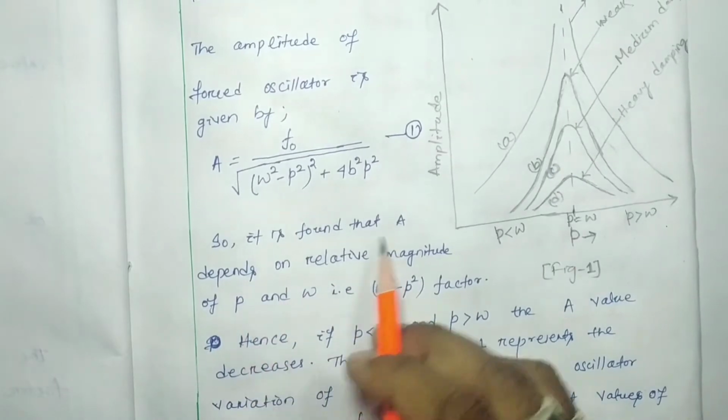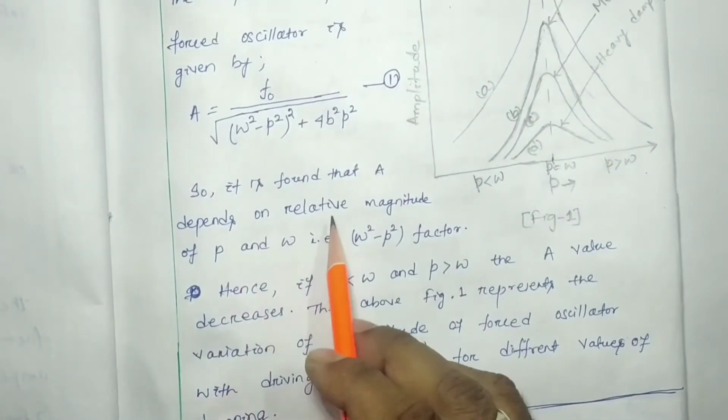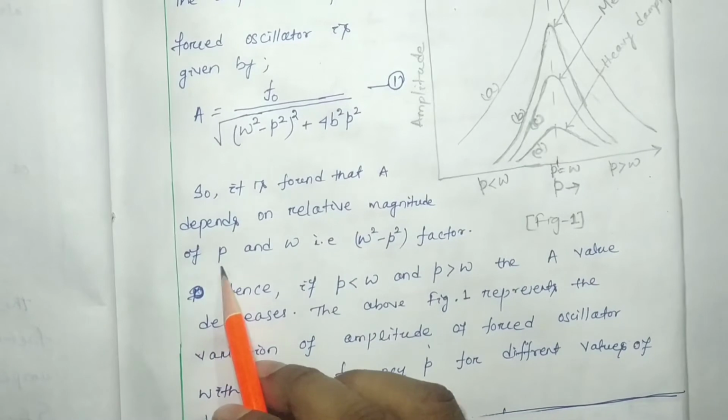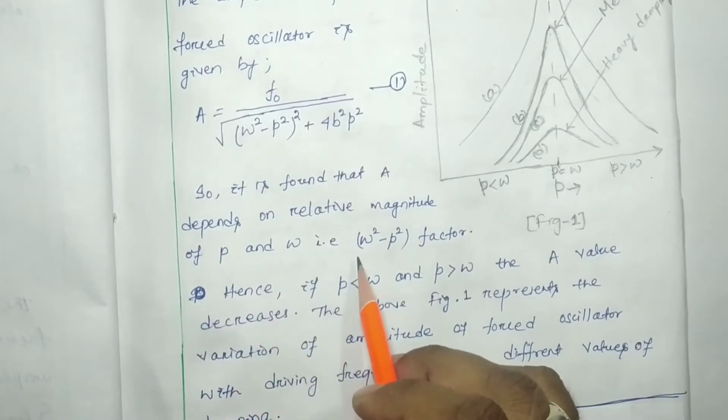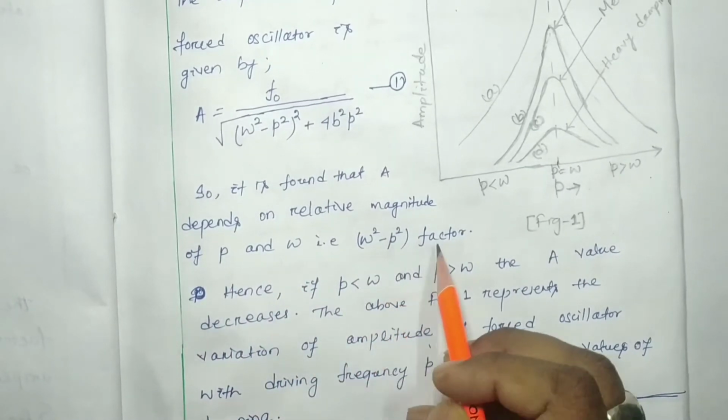So it is found that A depends on the relative magnitude of P and omega, that is the omega square minus P square factor.